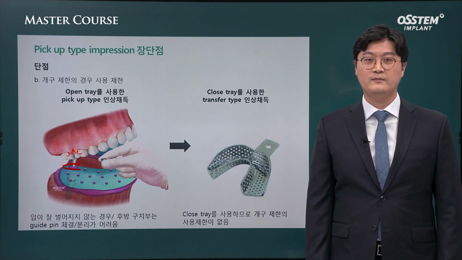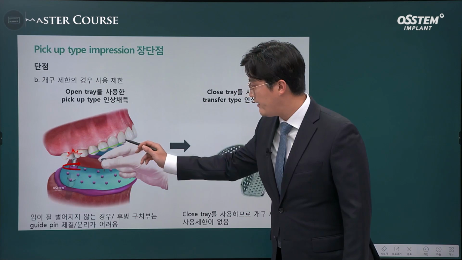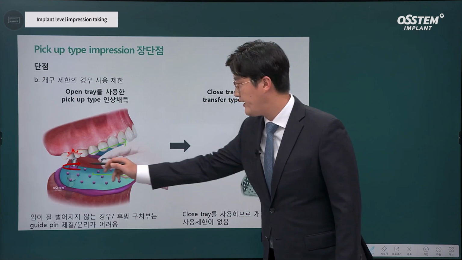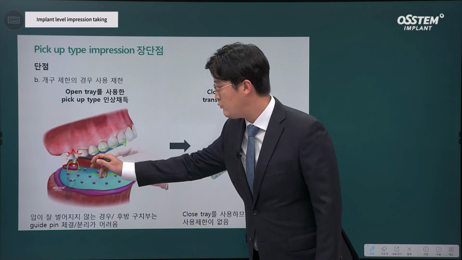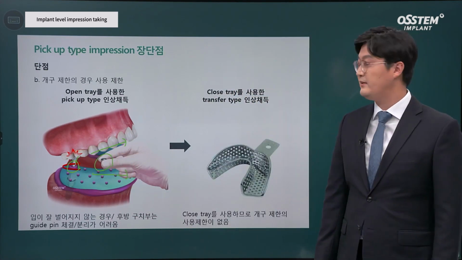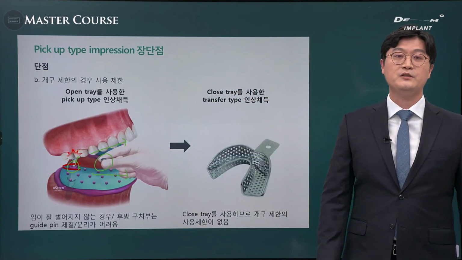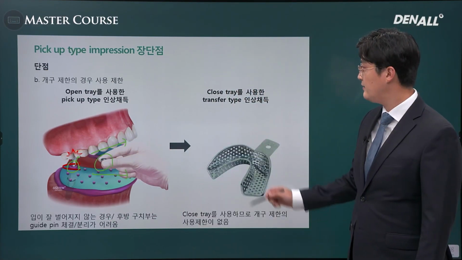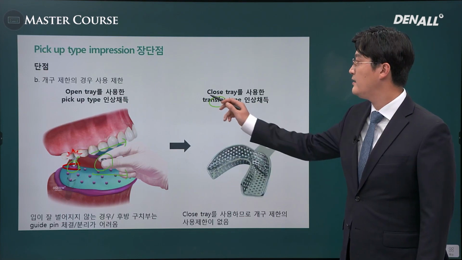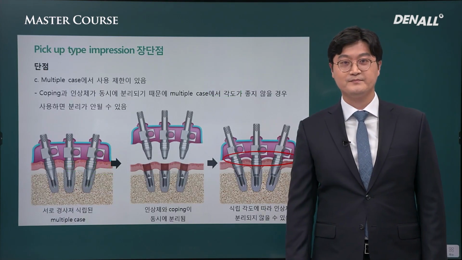However, for patients with a limited mouth opening, the pickup type cannot be used because over the pin, the hex driver also needs to be connected. There is limited space, so the pickup type will not be used. In that case, you can switch to the transfer type with closed tray.